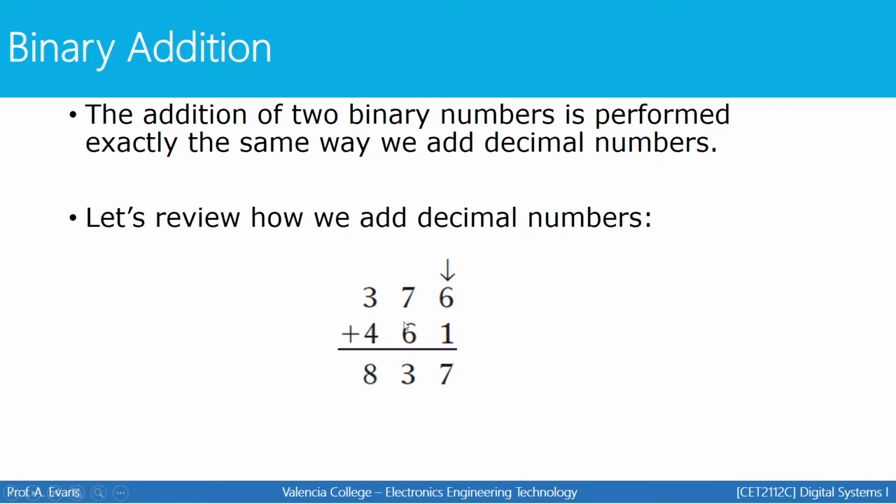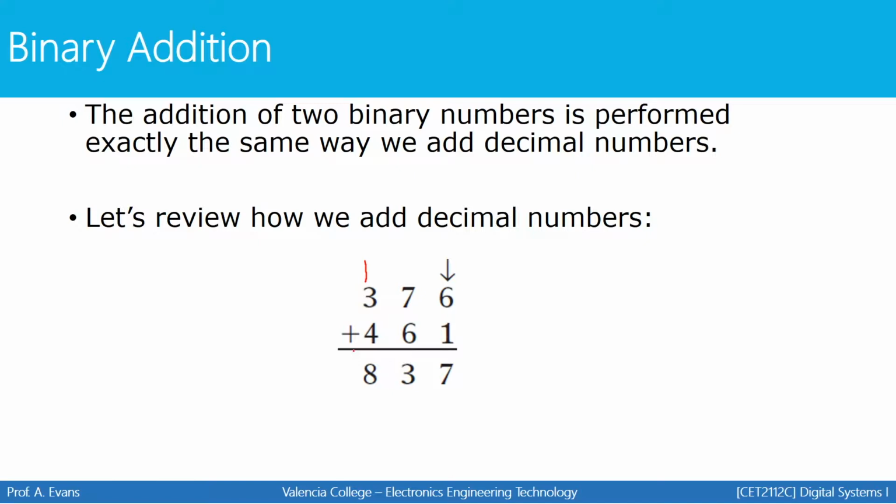Then we add 7 plus 6, which equals 13, which means I need a carry. So I'm going to take the number 13, I'm going to write the ones digit of 13 down below, and the tens digit goes right here. So we have a carry of 1. Then I perform the last addition by saying 3 plus 4 plus 1 to give me 8.